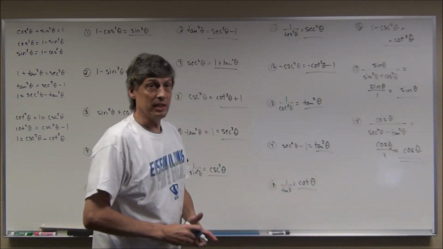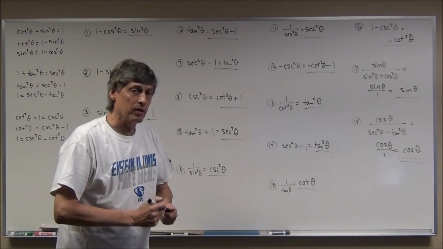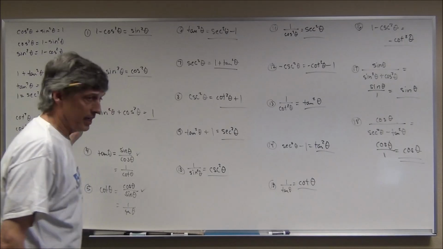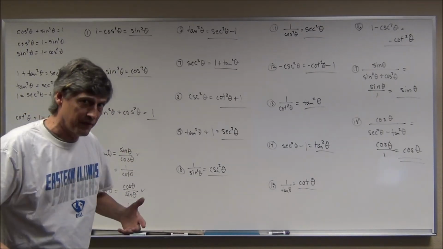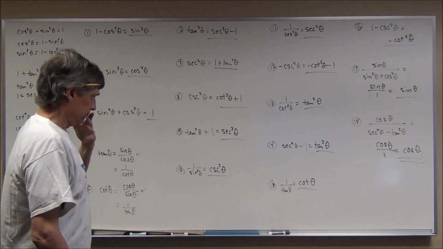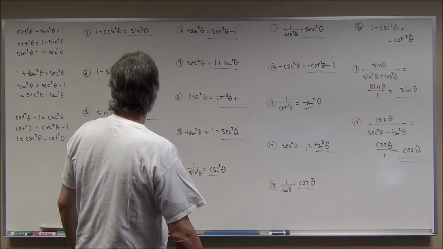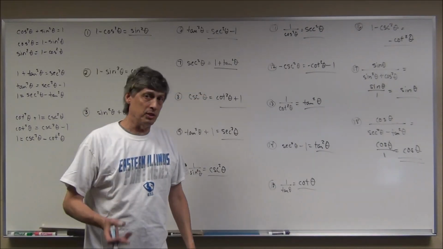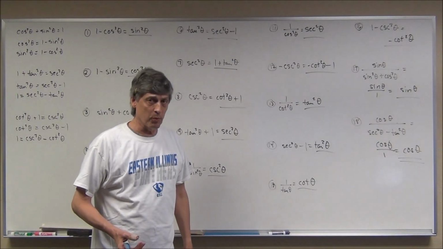Okay. Now I don't think that this lesson is all that difficult, but it does take a little bit of practice, and you will need to remember your Pythagorean identities and then be able to find the variations of them. So with the extra time that normally you'd be spending on math, I would go back and review the unit circle, make sure you feel comfortable with that.